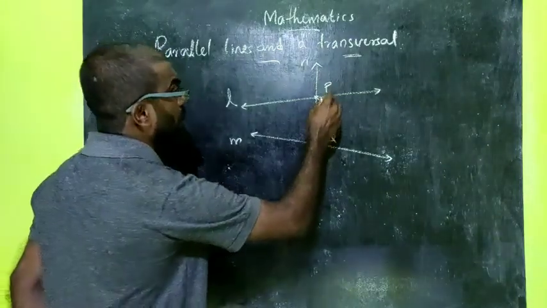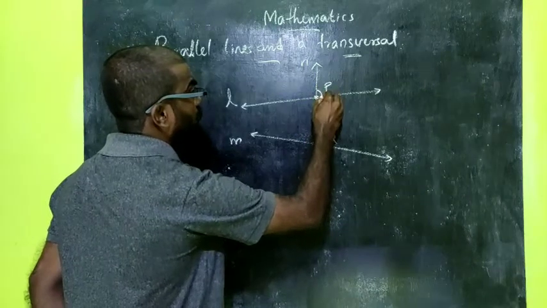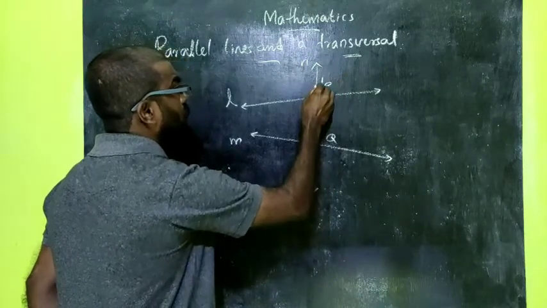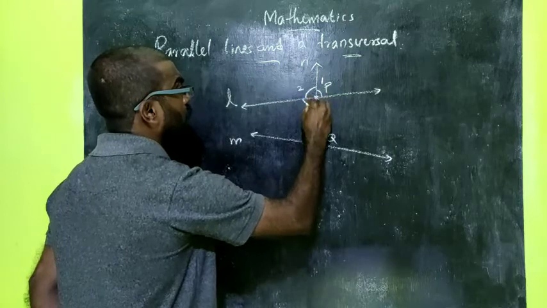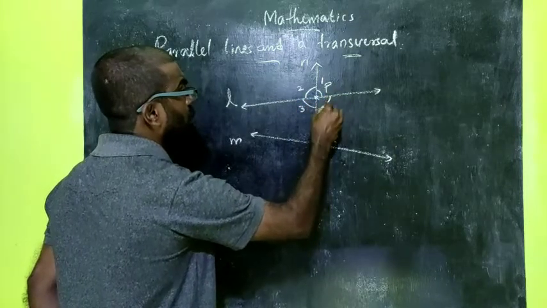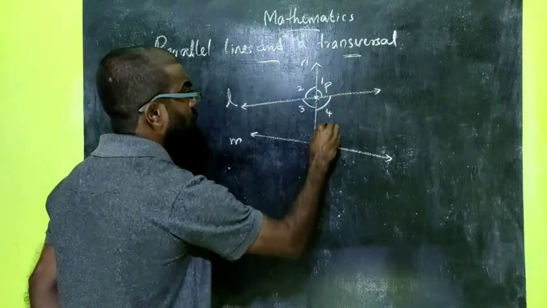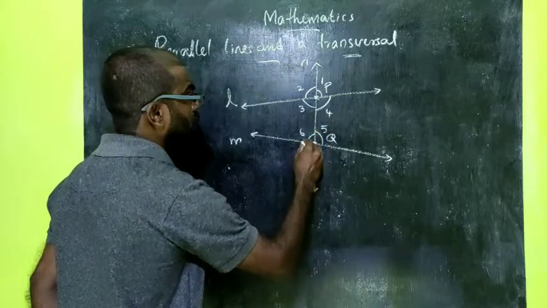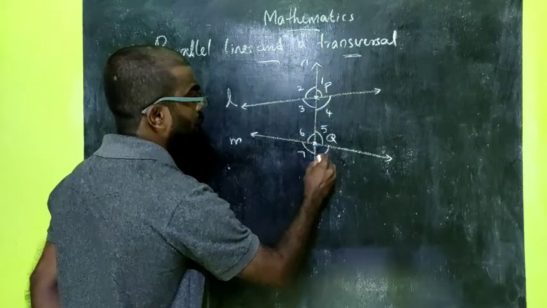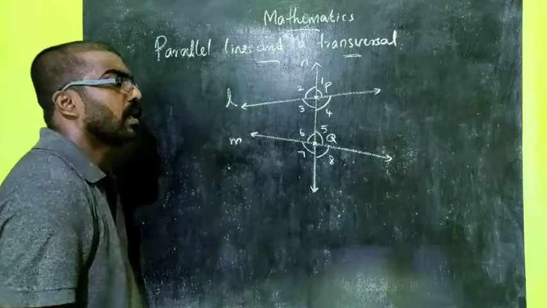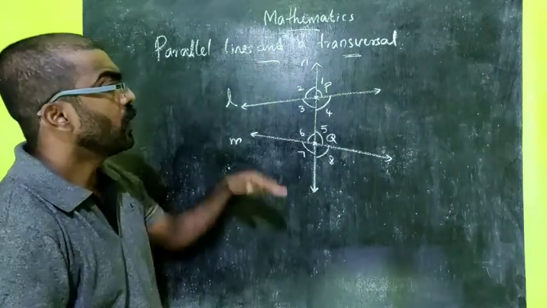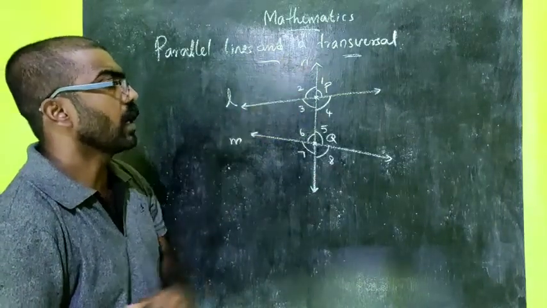Here we get the angles. We can mark them as angle 1, angle 2, angle 3, angle 4, angle 5, angle 6, angle 7, and angle 8. Eight angles are formed. Four angles are exterior angles.